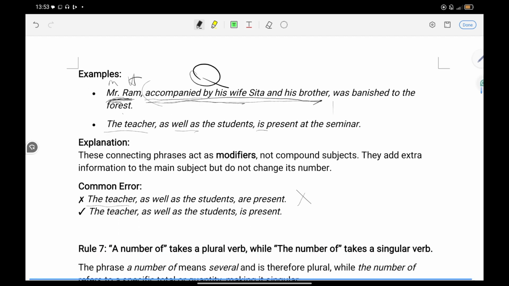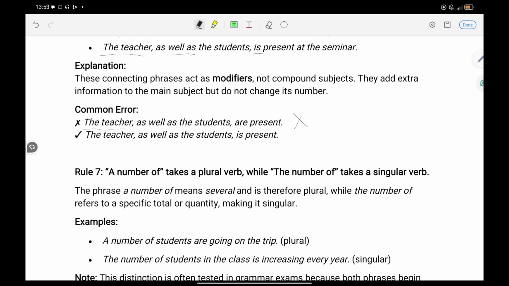Let's go on. Rule 7. A number of takes a plural verb, while the number of takes a singular verb. This is a very crucial, very vital detail.